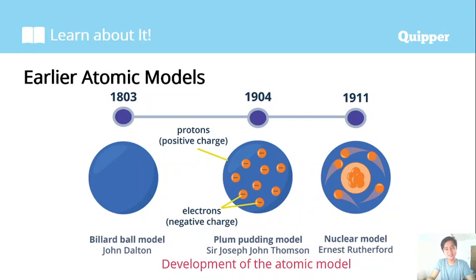Now the question is, what is the widely accepted model as of today? Is it Ernest Rutherford's? What do you think? Okay, the answer would be no, because Rutherford's model also has its drawbacks. It was theoretically inappropriate, but of course his idea laid the foundation for further discoveries in the development of the atom.